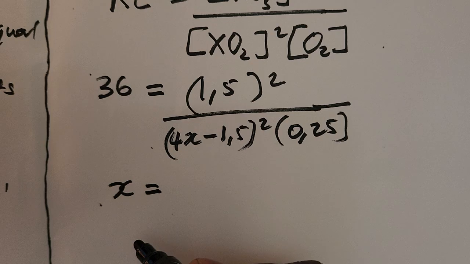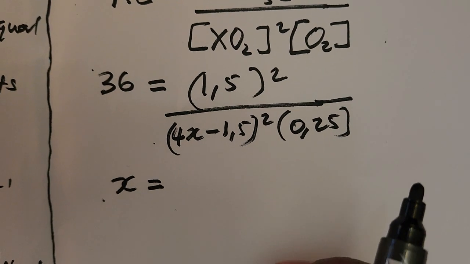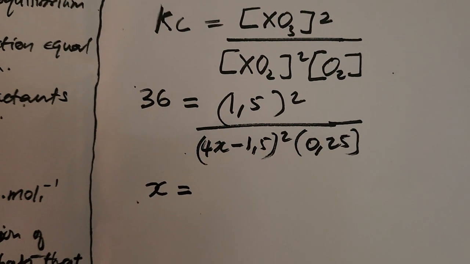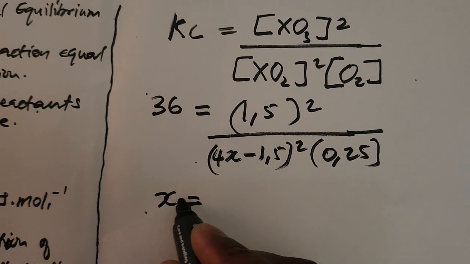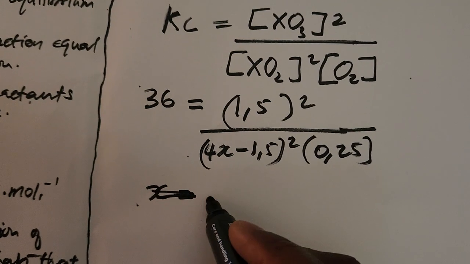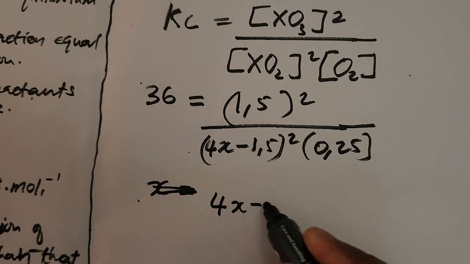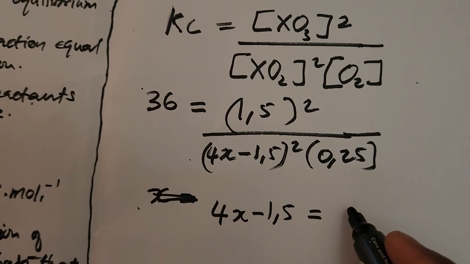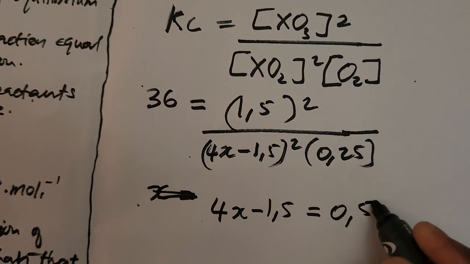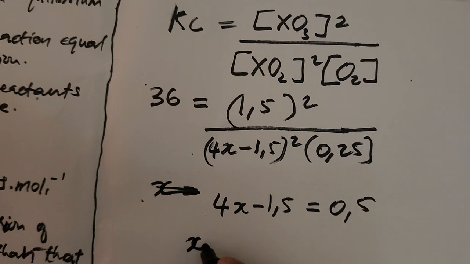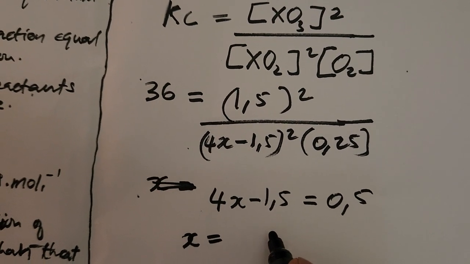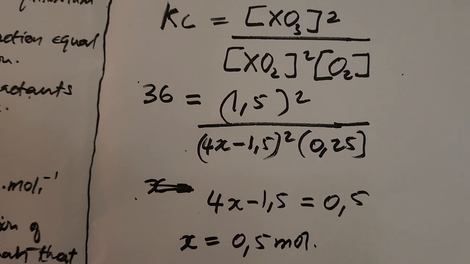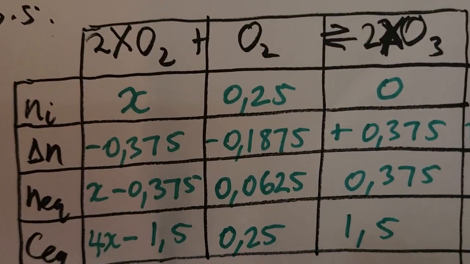Let me make it simple. Therefore 4x minus 1,5 will give me 0,5, therefore x will be 0,5 mole.